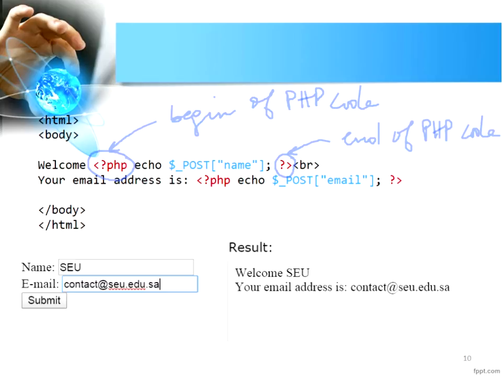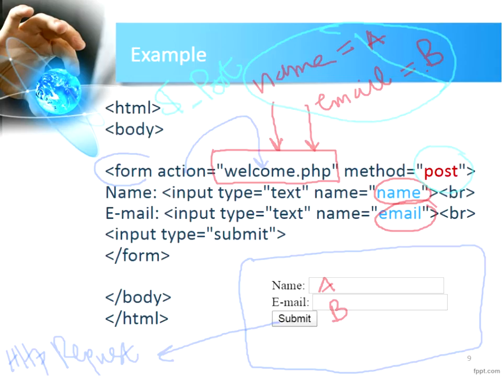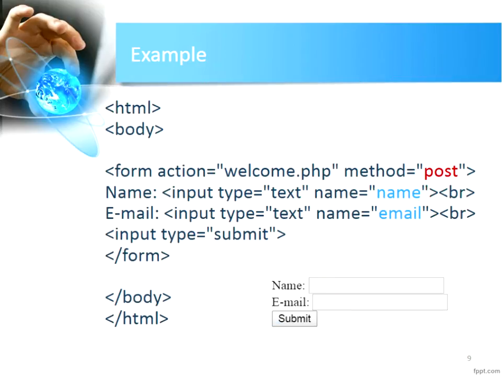Okay. After that, echo, that means print. After that, $_POST name. Here I will use the super global POST. Why will I use the super global POST? I will use the super global POST because our request here is sent with the method POST.